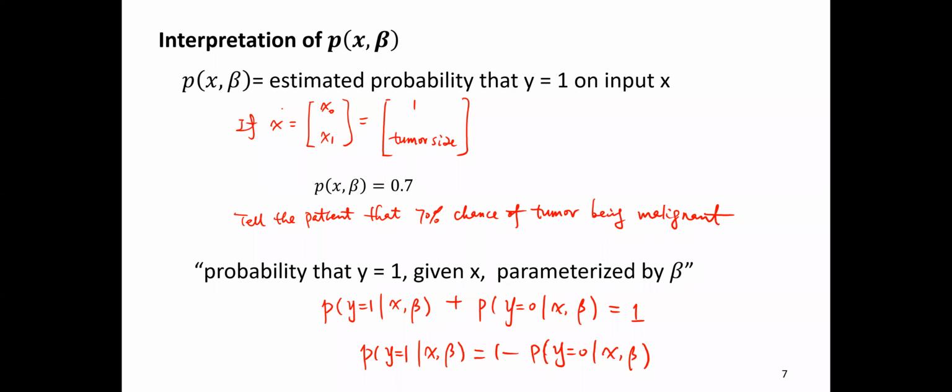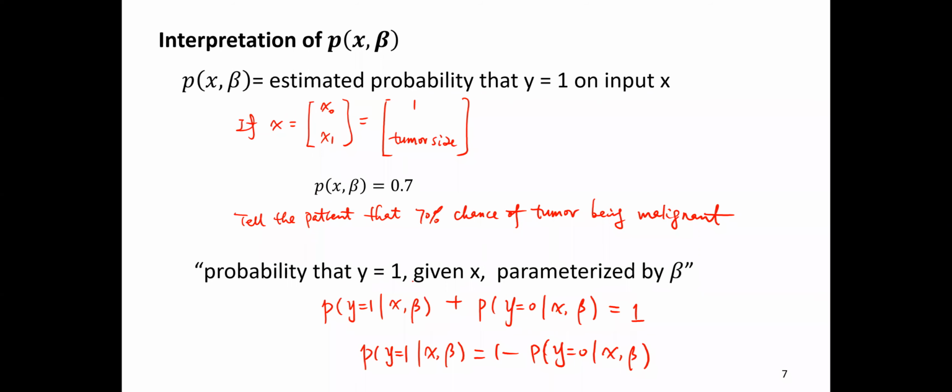So let's interpret the probability x beta. This is the estimated probability that y equals 1 on input x. If you have an intercept, you add an x0 and x1. So if the probability is 70%, then you tell the patient there is a 70% chance the tumor is malignant.